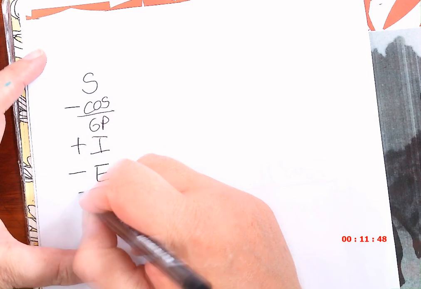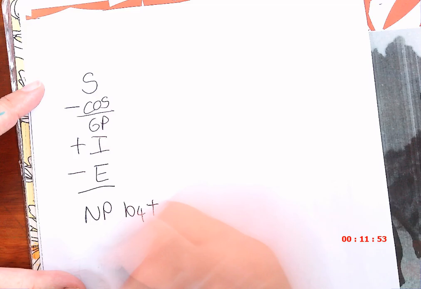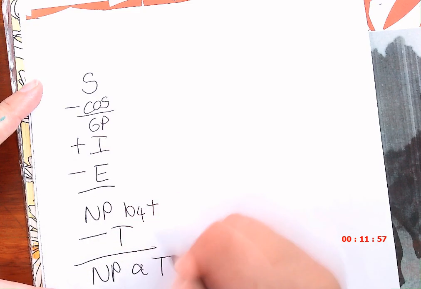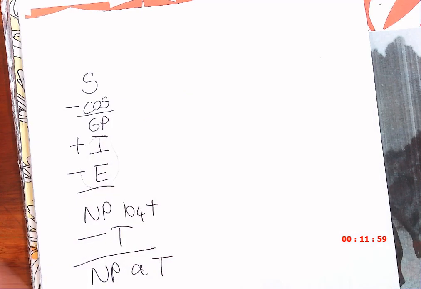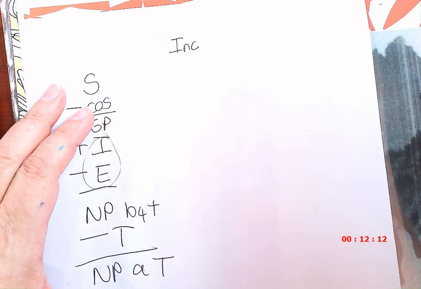That gives me net profit before tax, less tax, net profit after tax. I'm going to include some of my interest there with income and expenses because it will work the same way.